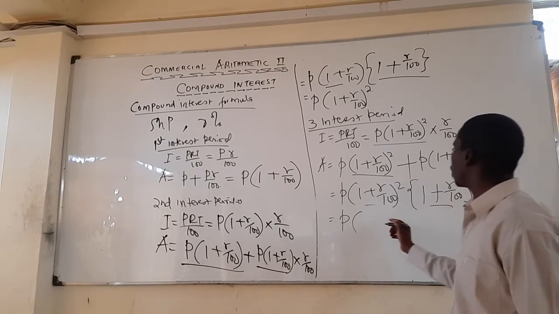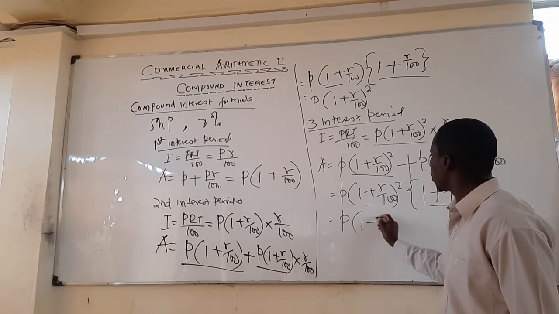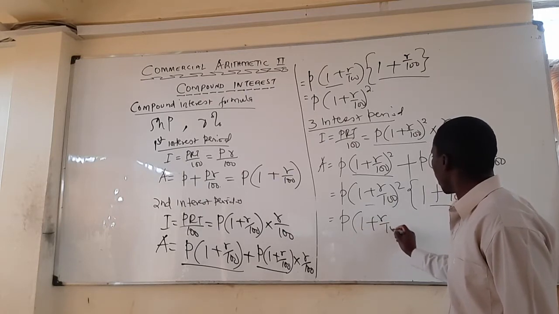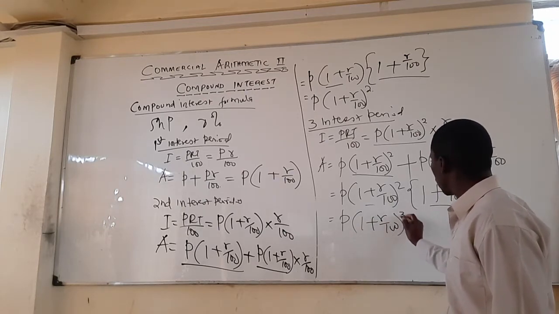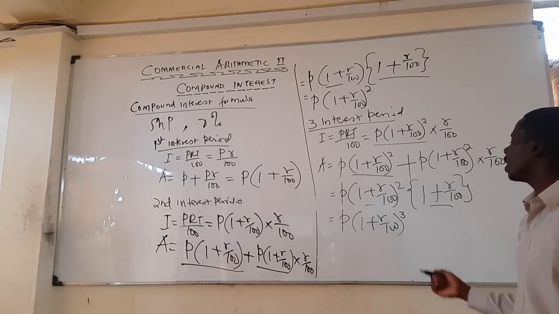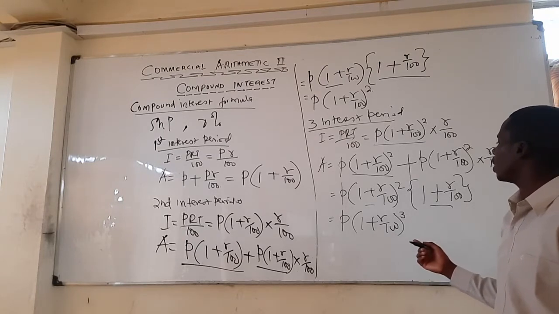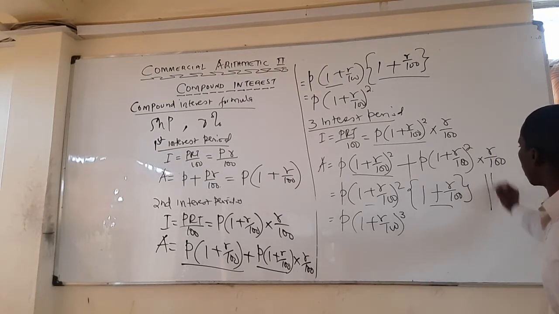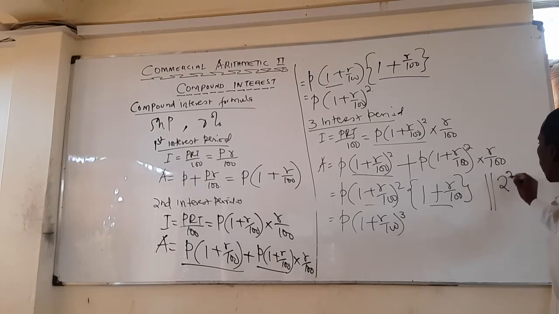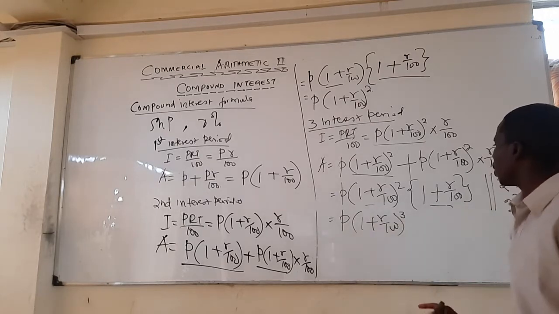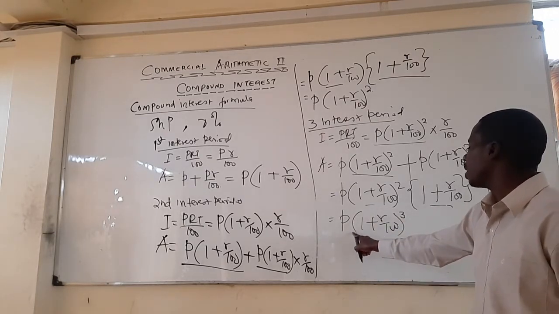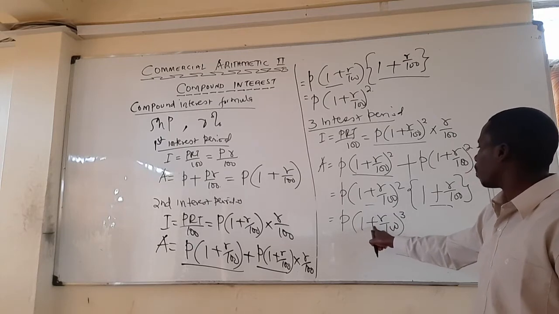That of course is 1 plus R over 100 cubed, just like a number such as 2 squared times 2 is 2 cubed. The same case here, you're going to have P into bracket 1 plus R over 100 cubed.